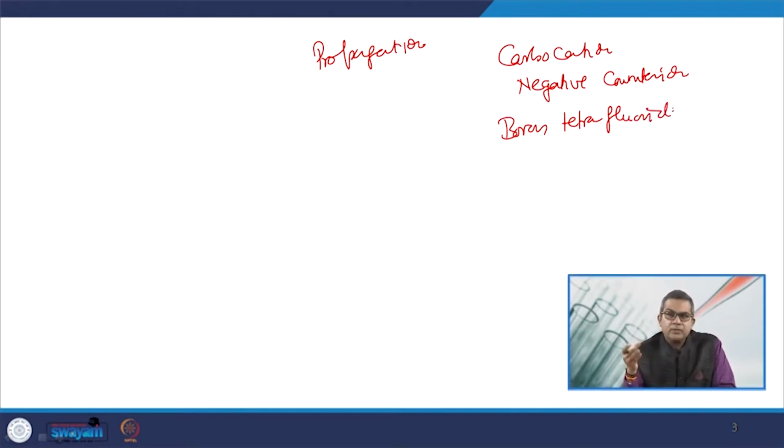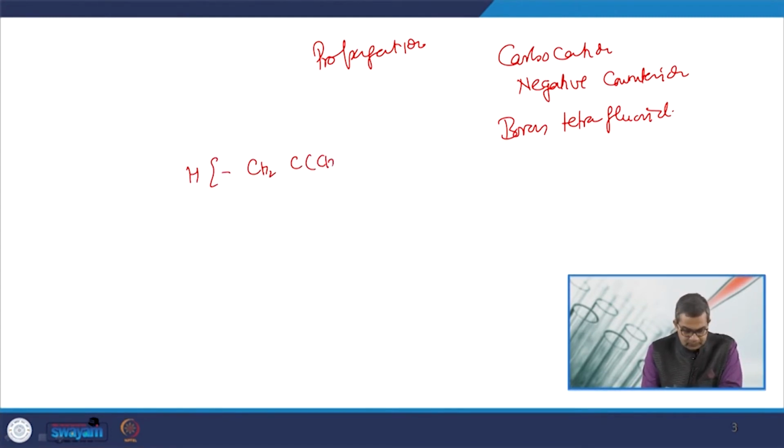In continuation, we discussed various techniques for the initiation step. Now, this further proceeds to propagate by successive addition of monomer molecules. So, let us have a look at this particular aspect.